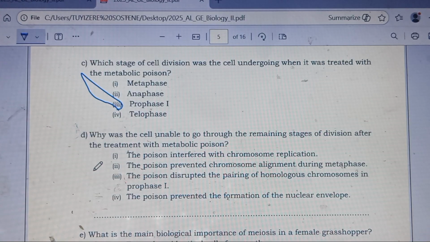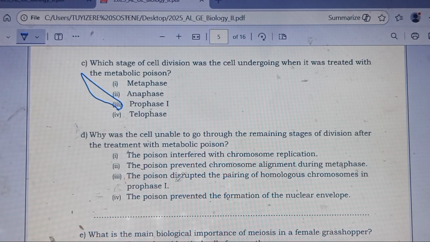D. Why was the cell unable to go through the remaining stages of division after the treatment with metabolic poisons? I. The poison interferes with chromosome replication.